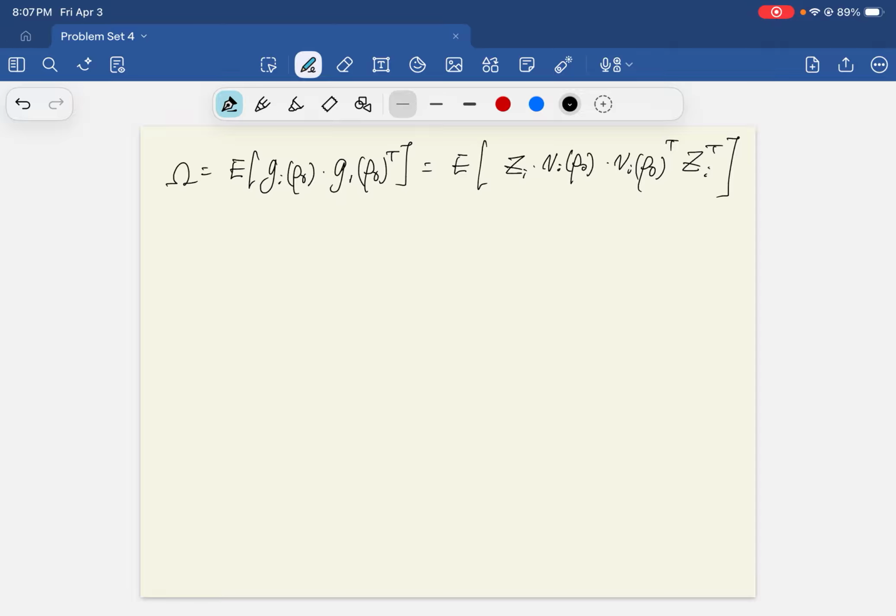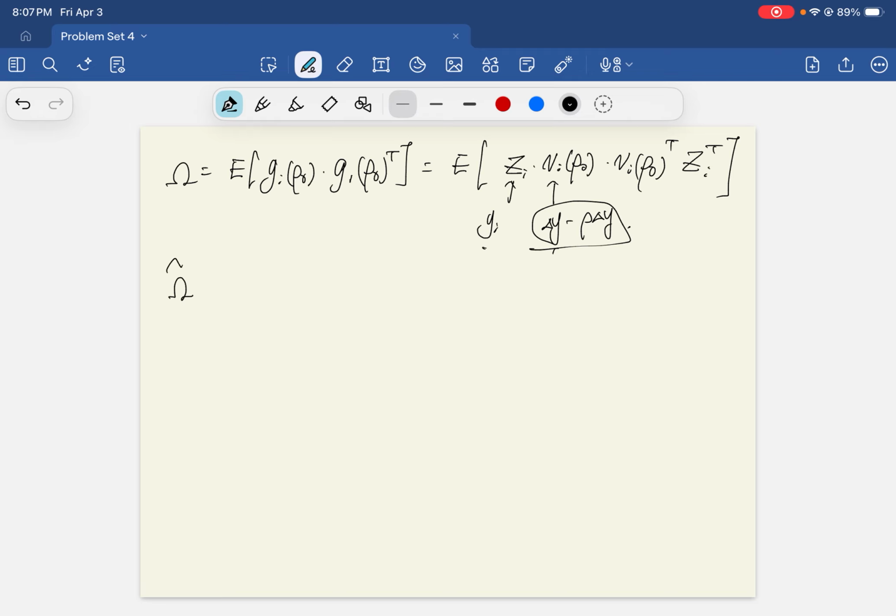There is nothing more you can simplify, right? Because Z_i is about y_i and V_i is about delta y minus rho delta y, everything is correlated and there is no simplification. This is how you do it.